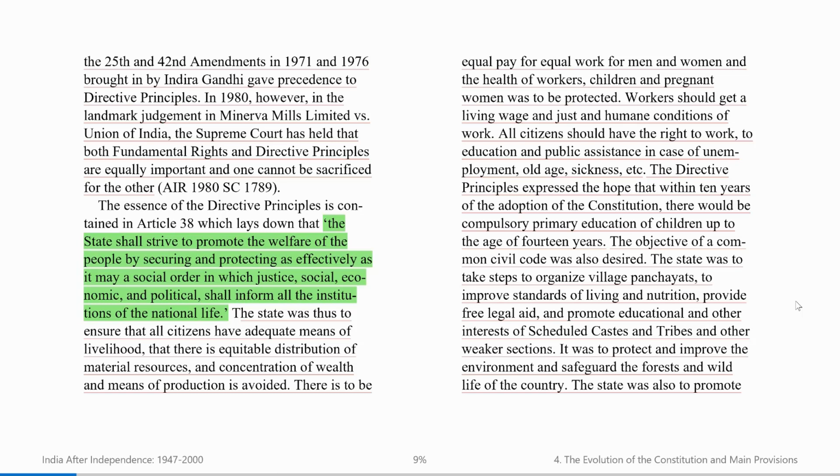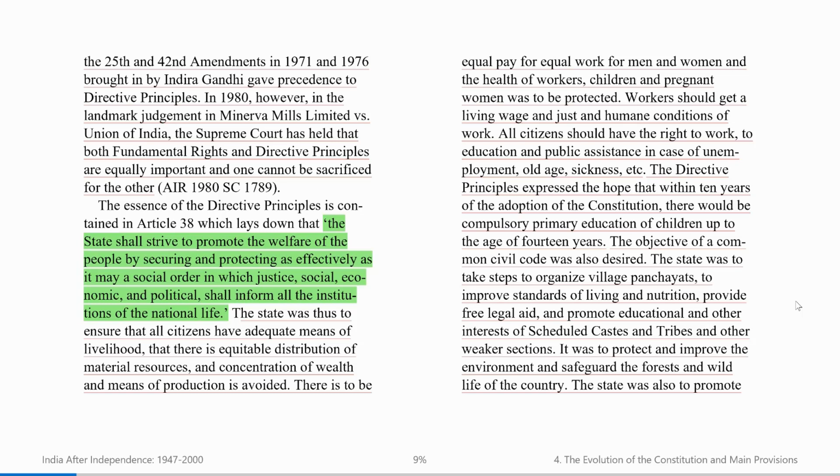The idea being that all citizens should have adequate means of livelihood. There should be equitable distribution of material resources. That concentration of wealth and means of production should be avoided. That there should be equal pay for equal work. The health of workers, pregnant women, and children should be protected. The workers should get a living wage and just and humane conditions of work, right?